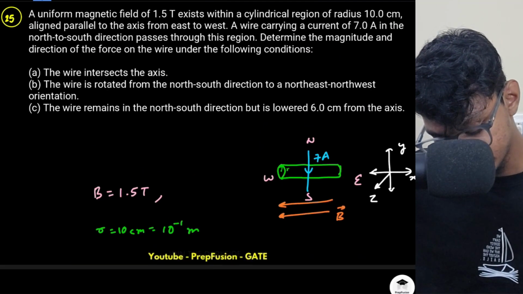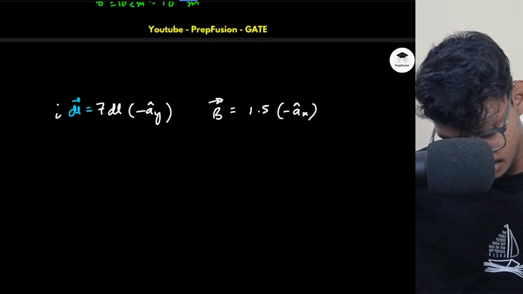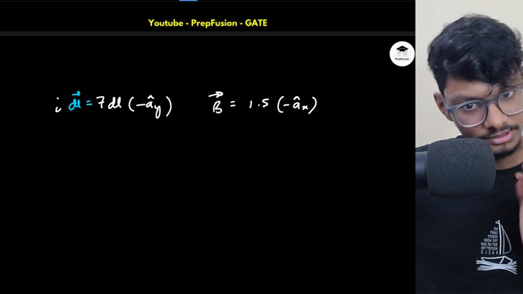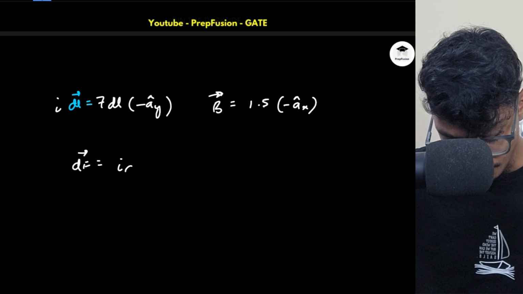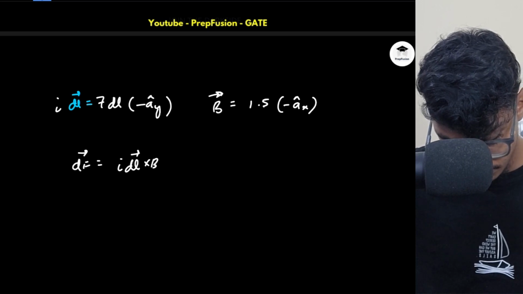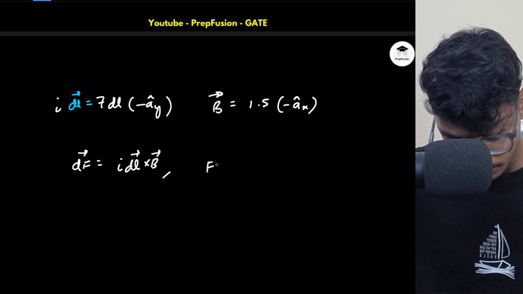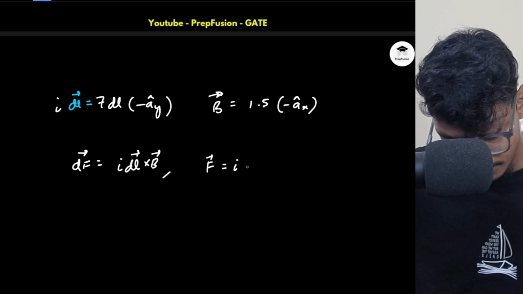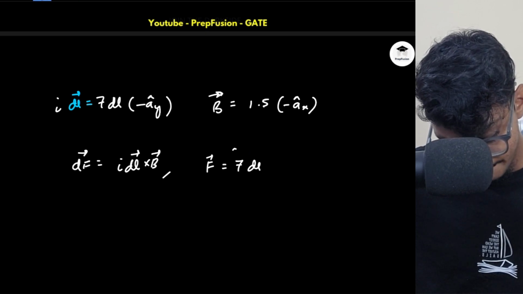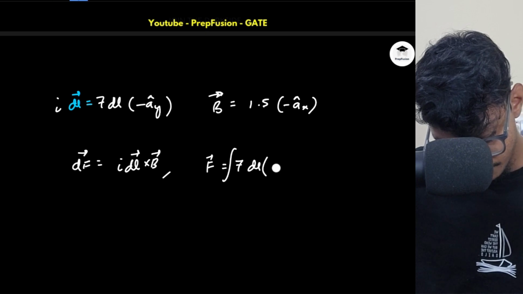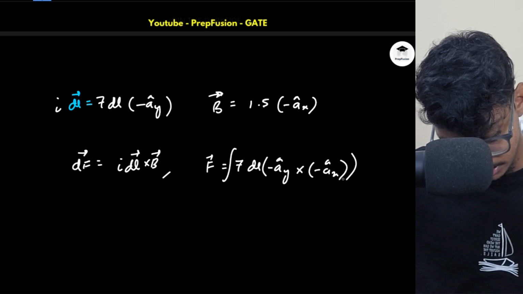Will there be any force experienced if the wire intersects the axis? The wire will intersect this axis, so obviously a force will be experienced. My small force dF is equal to I dl cross B. I can integrate this whole thing. F will be 7 times the integral of dl, with minus a y cross minus a x.